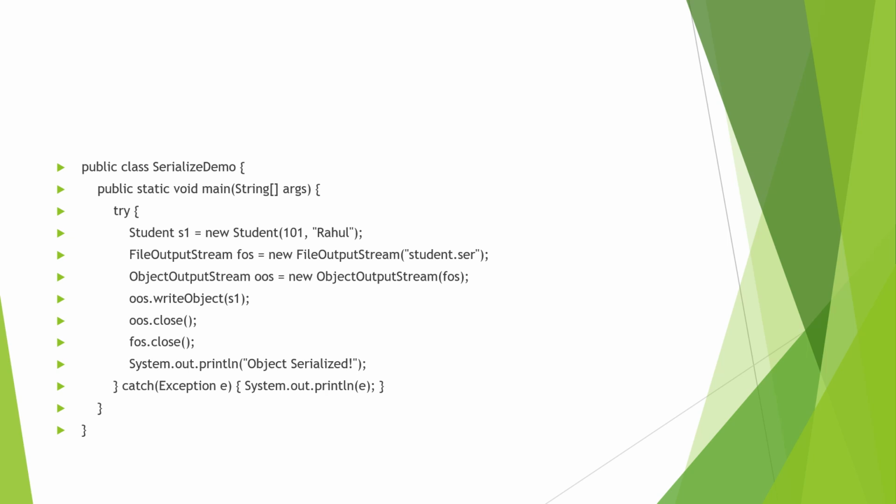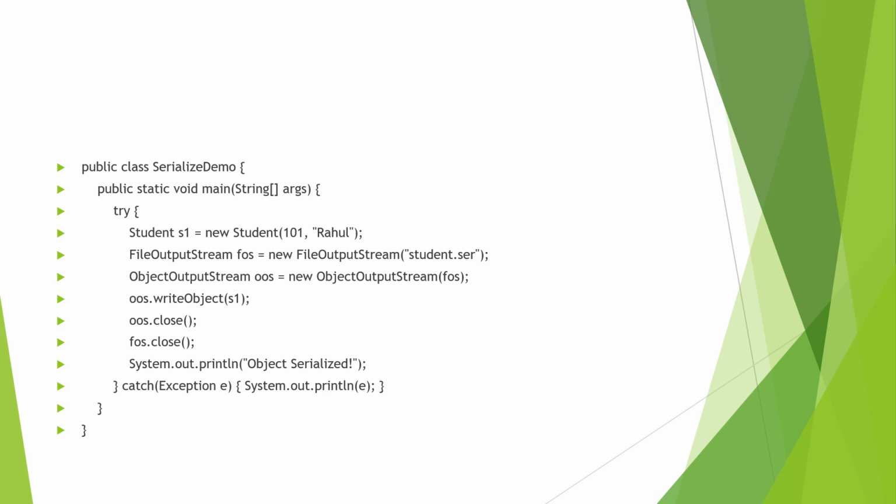After that, they are passing another object, ObjectOutputStream, taking a variable OOS, which equals new, and again within the new object it is passing the FOS, that is the previous FileOutputStream variable. Next, the ObjectOutputStream is writing the object S1, that is the student one, using the method writeObject.